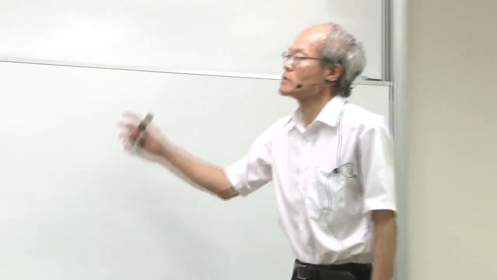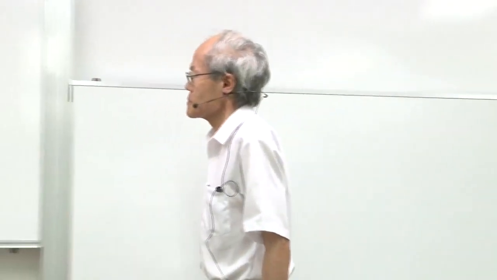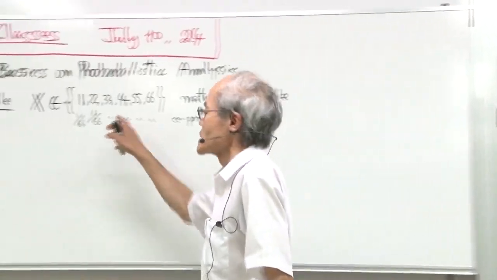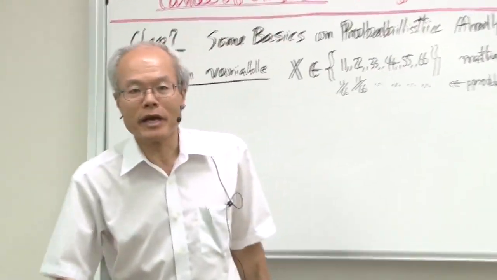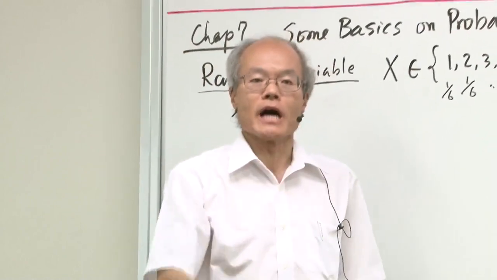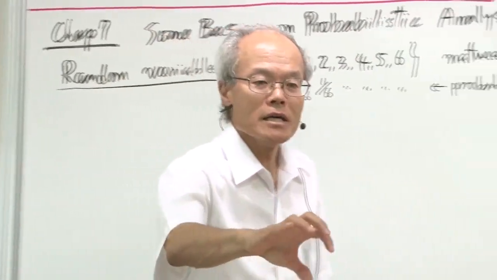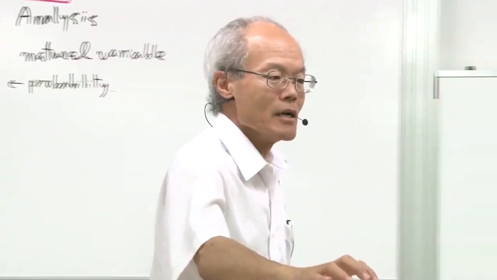So this is a definition of random variable. In this case, this exactly explains throwing a die. If you throw a die, then the number of the die will be one of 1 through 6 with equal probability. Equal probability meaning each value takes probability 1/6. Okay? This is just throwing a die.